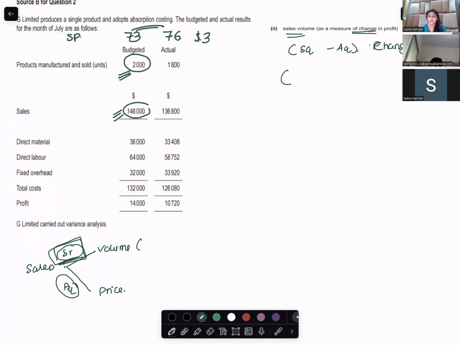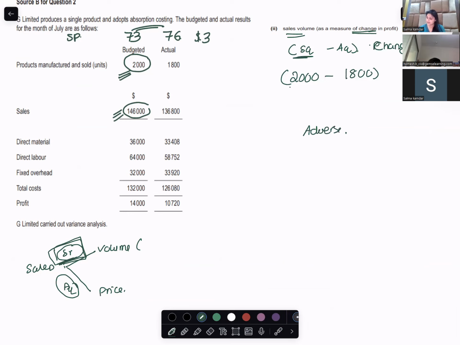What was the standard quantity that you expected to sell? 2,000. What is the actual quantity that you sold? 1,800. So you expected to sell more. You sold less, so it would be adverse.